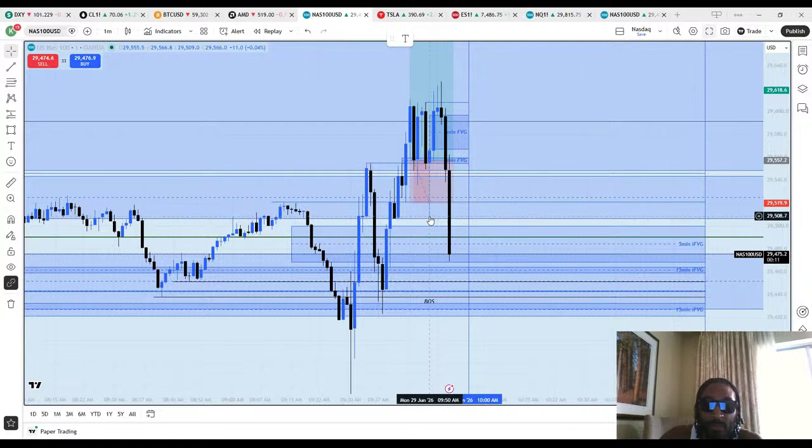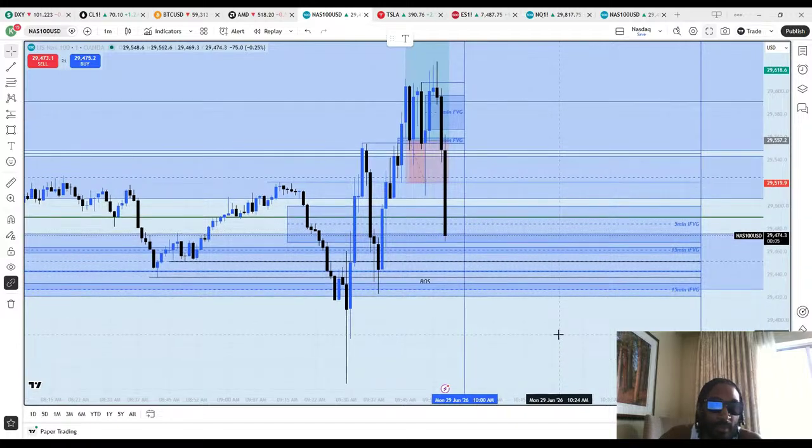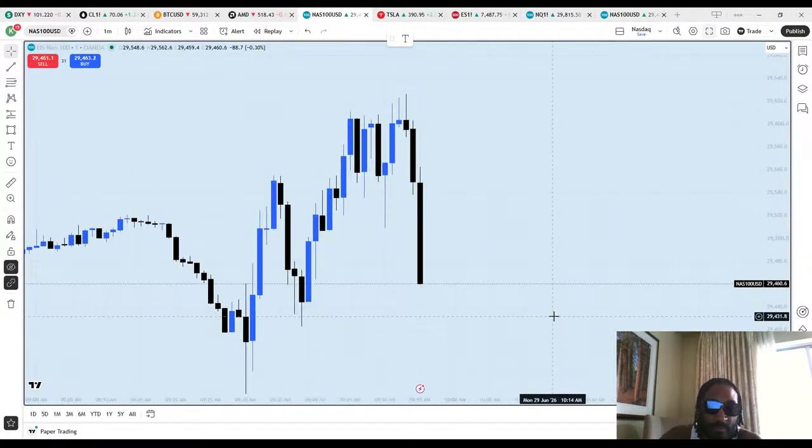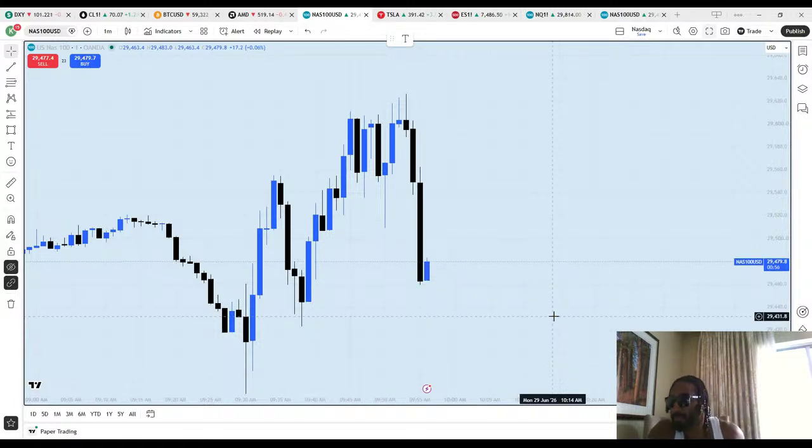Break of structure right here. Well, not yet. Get the closure under here. Not too much. Yeah, 6:56.